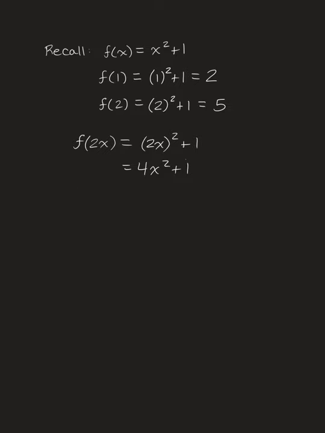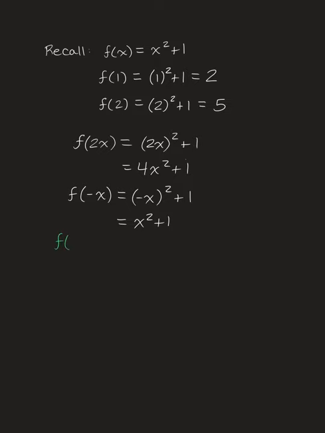Okay? If I substituted in here negative x, so instead of writing x in my original function, I'm going to write negative x. Well, negative x squared, negative times a negative is a positive, so you would just have x squared plus 1. Okay? So now here's what I want to show you.